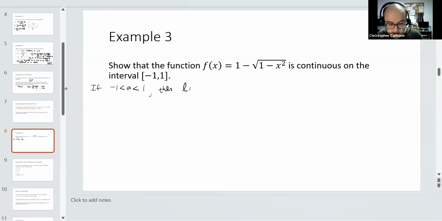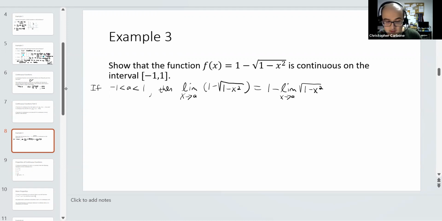Then the limit as x approaches a of f of x, so this would be 1 minus the square root of 1 minus x squared, is equal to, since we have those limit rules that we have seen in our previous section, 1 minus the limit as x approaches a of the square root of 1 minus x squared.